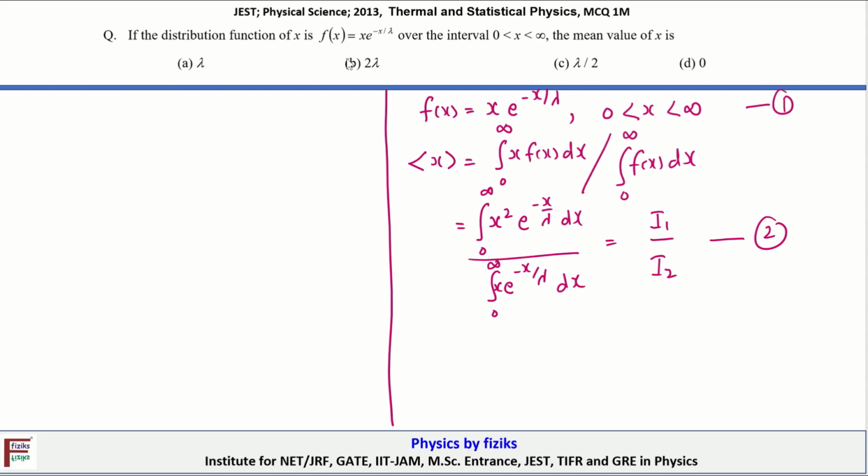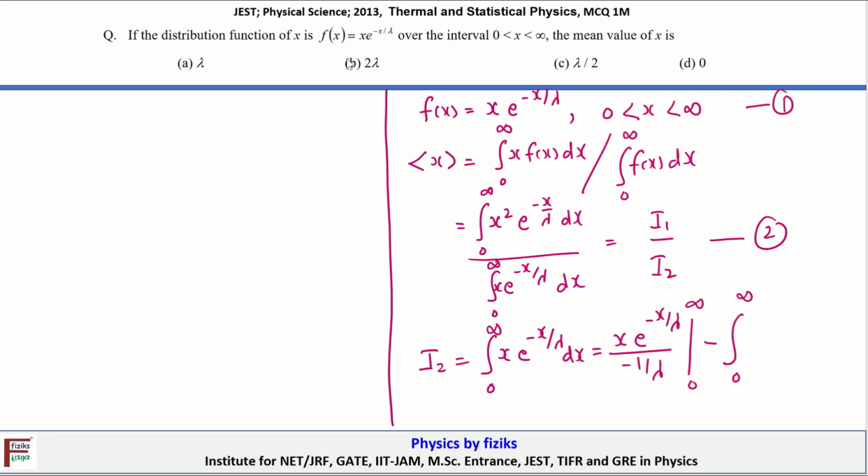So now let's try to first solve I2. I2 is equal to the integral from 0 to infinity of x e^(-x/λ) dx. We can solve this by integration by parts: first into the integral of second, e^(-x/λ) divided by minus 1 by λ, from 0 to infinity, minus the integral of the derivative of first, which is 1, times the integral of second.